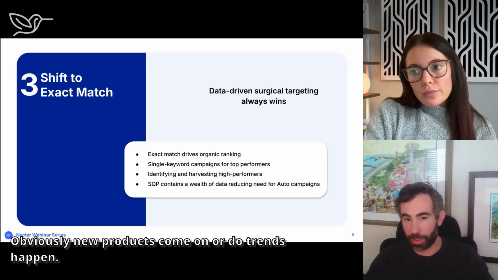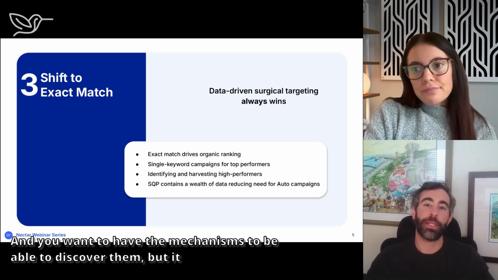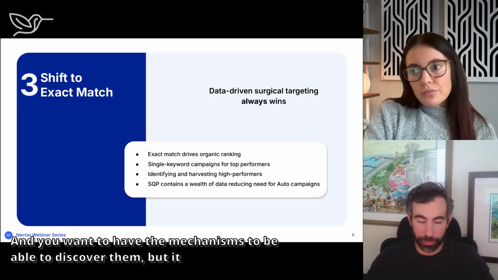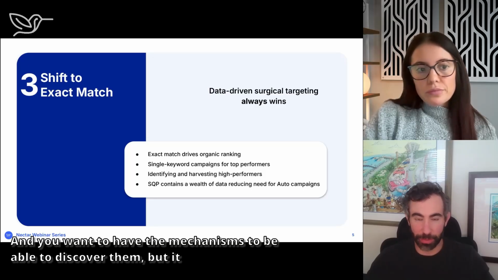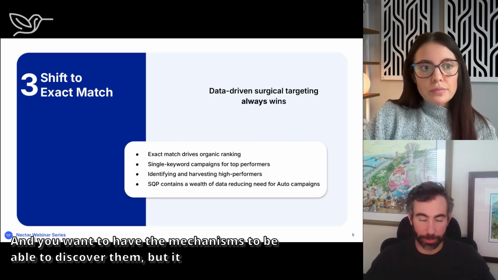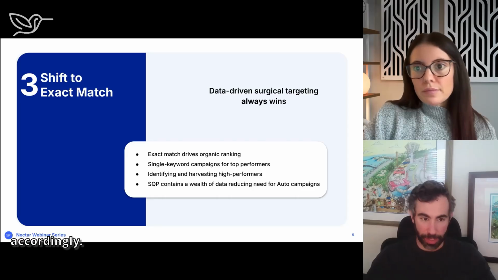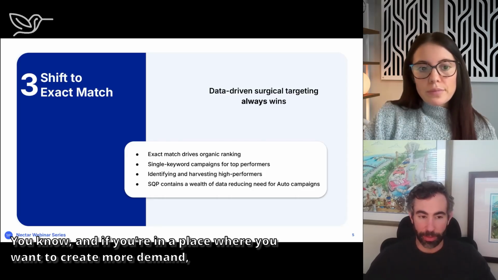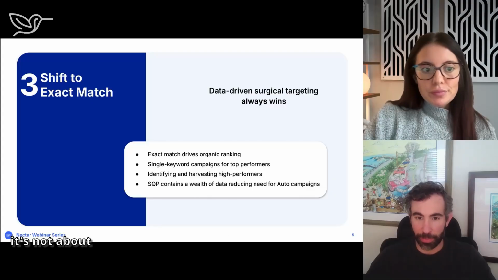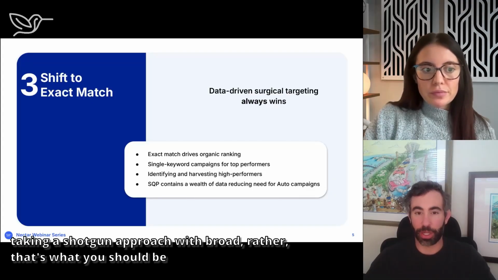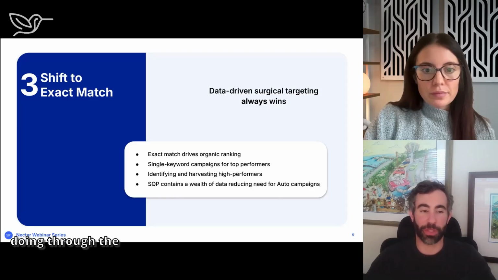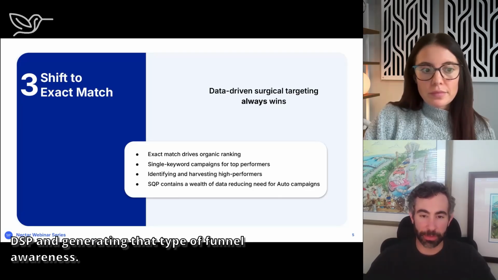Obviously, new products come on or new trends happen, and you want to have the mechanisms to be able to discover them, but it should be a small portion of your budget, and then you can scale up exact accordingly. And if you're in a place where you want to create more demand, it's not about taking a shotgun approach with broad. Rather, that's what you should be doing through the DSP and generating that top of funnel awareness.